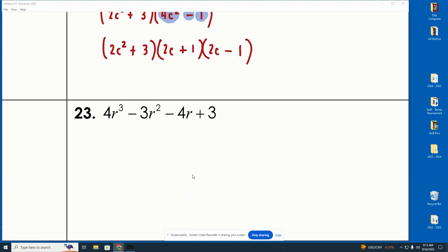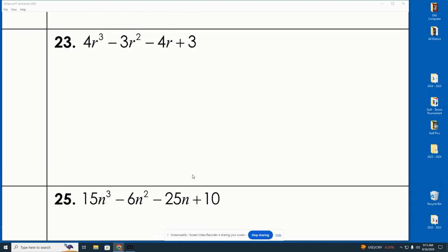All right, last two. Number 23. Again, I'll write the answer, the full answer, and then if you have a question, we'll go over it. Ready? On number 23, the total answer, the last thing you should have gotten is r plus 1 times r minus 1 times 4r minus 3.